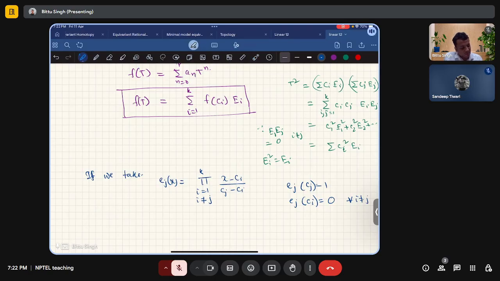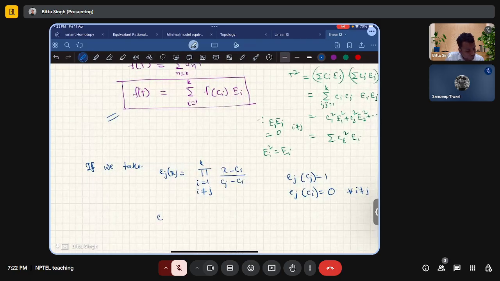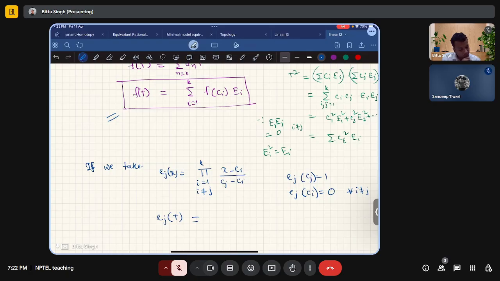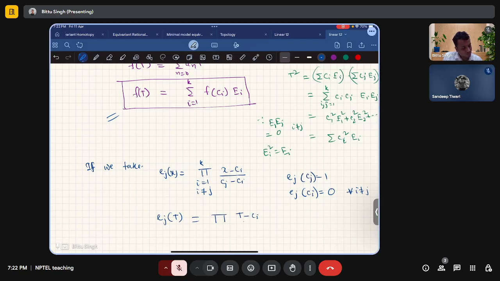Now the interesting thing is that by this fact, what is ej applied on T? It is the summation of ej of ci times ei.